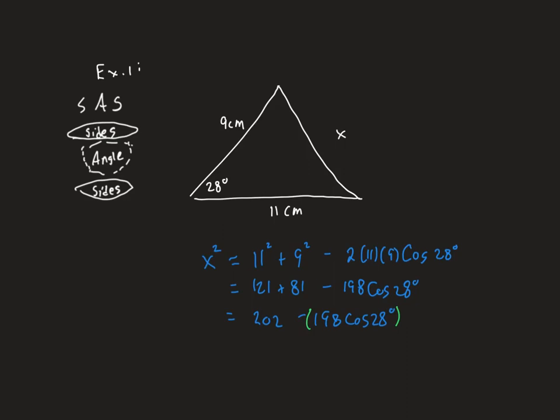Now, some common mistakes people do is that they would go 202 minus 198, and then multiply that. That's not what you do. BEDMAS. Remember, BEDMAS says you have to do your multiplications first. So you do this multiplication first. The 198 belongs to the cosine of 28. Okay?